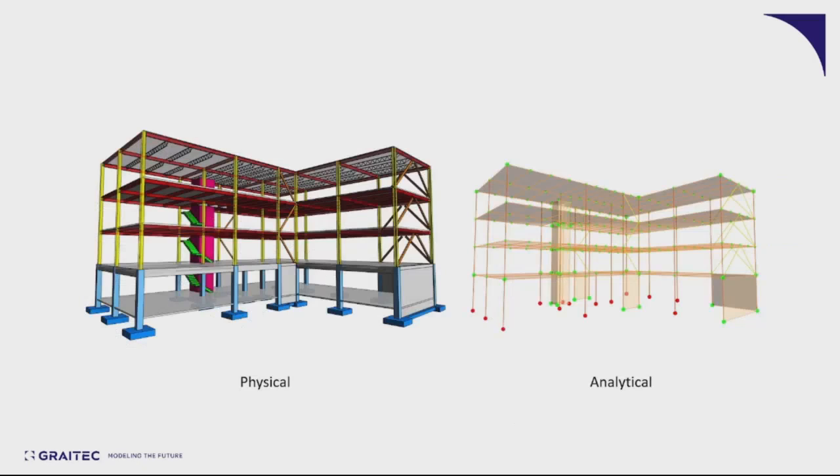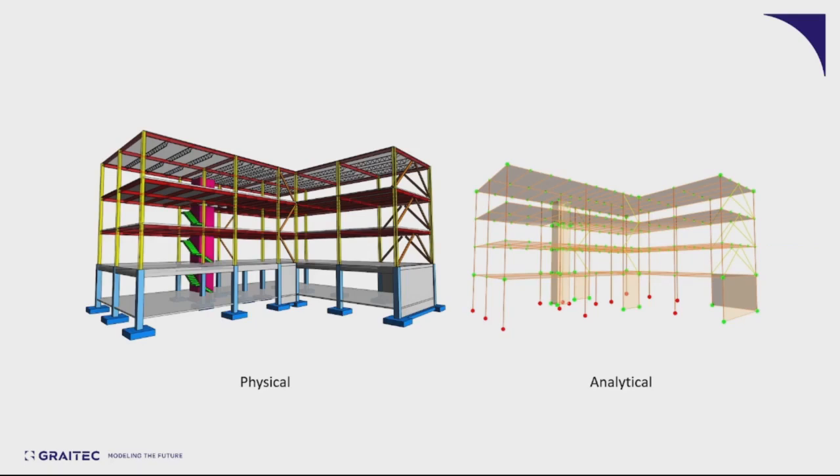Here is a physical and an analytical model, so we can see the difference between those two. On the left-hand side is the physical one, and on the right-hand side is the analytical one. Just a quick comment: the analytical one is the one that is needed in order to introduce this model to Advanced Design and perform any analysis and design.